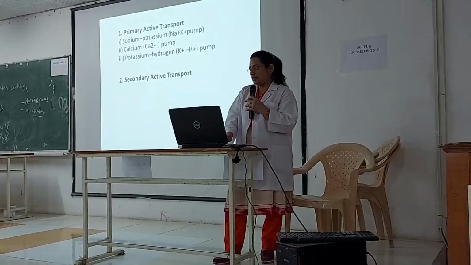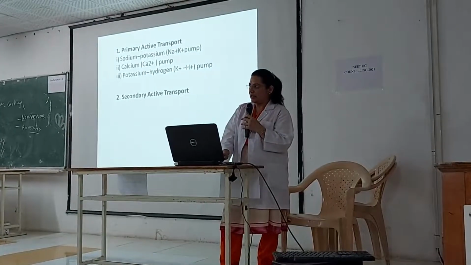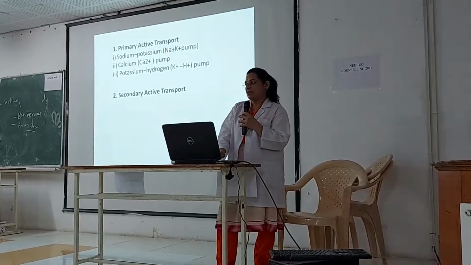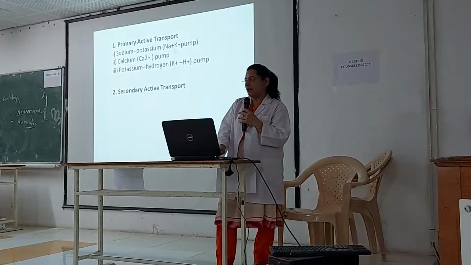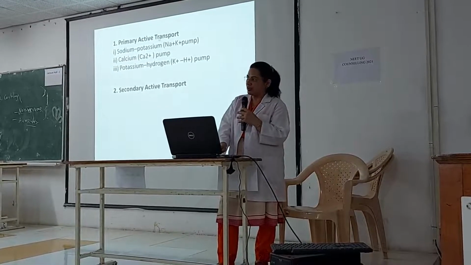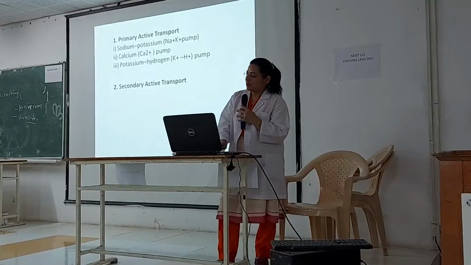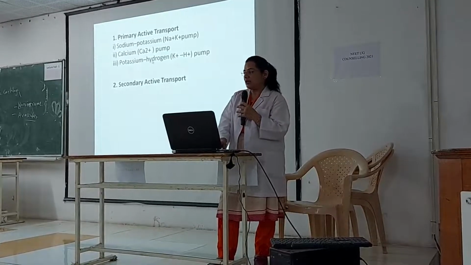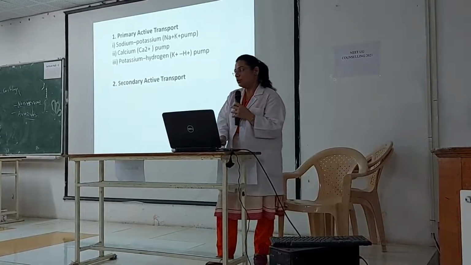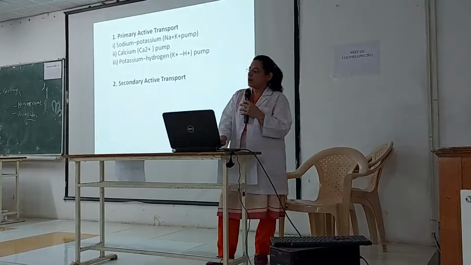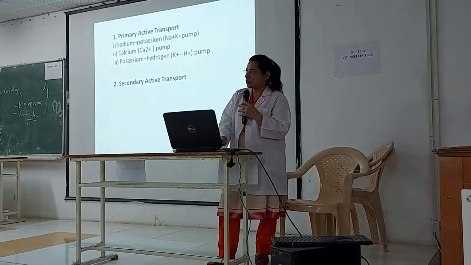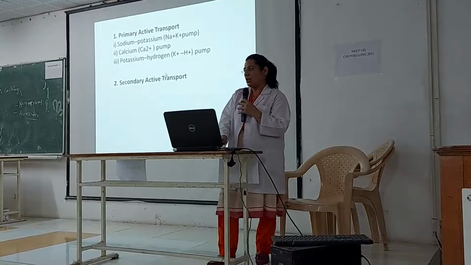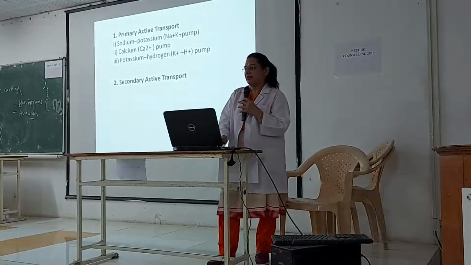This energy is produced at that site only, but along with sodium, glucose is also transported. We are not using this pump for the transport of glucose, but because of the activity of this pump, glucose is also transported. So energy is indirectly being used.